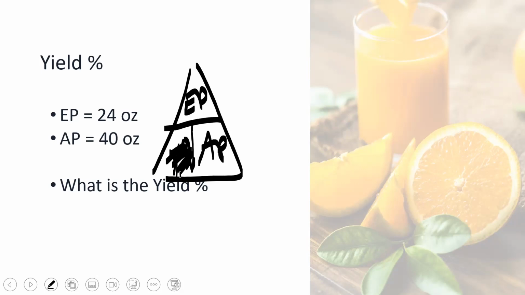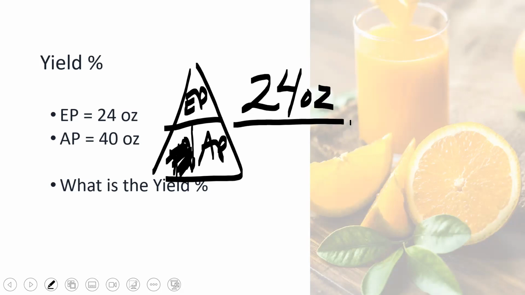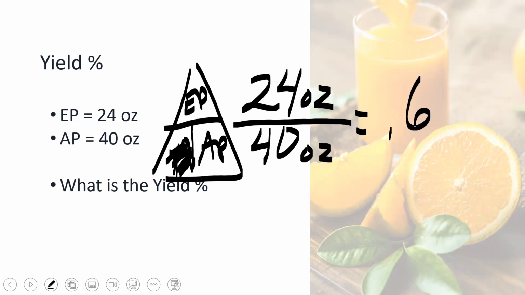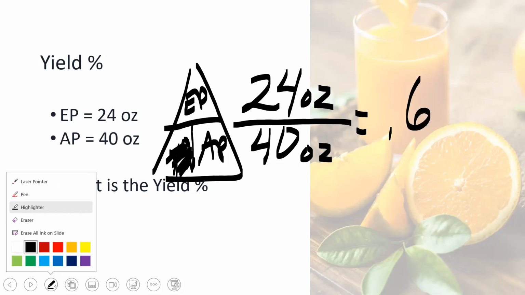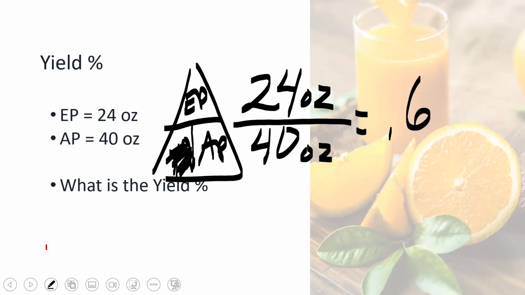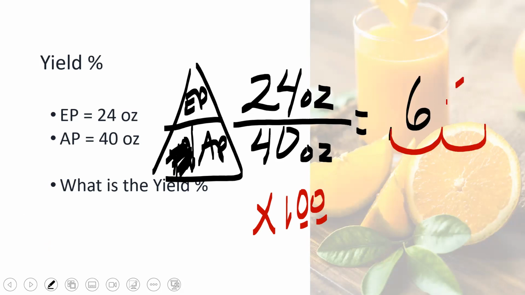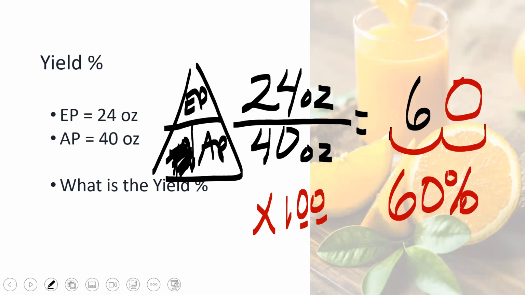If I'm looking for my yield percentage, I take my edible portion of 24 ounces of juice, and divide that by the 40 ounces of weight of the total oranges that I start with, and I get the answer of 0.6. Now, this is where that times 100 comes into play. When we multiply by 100, 100 has two zeros, so we move that decimal place over two spots and fill in the gap with a 0. So my percentage is actually 60%.